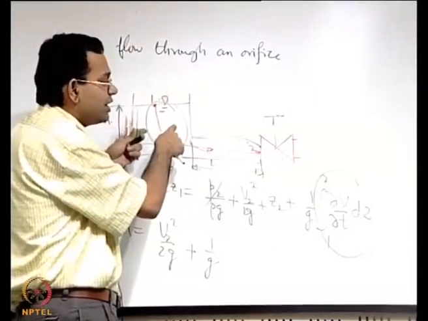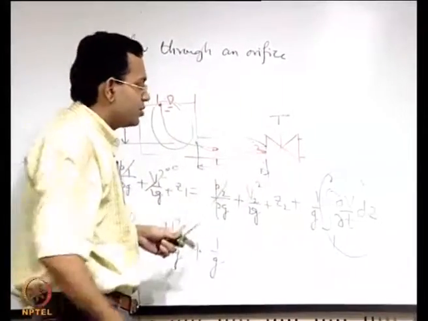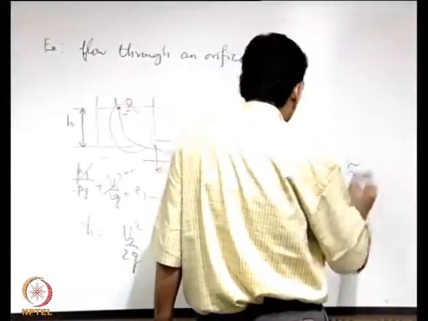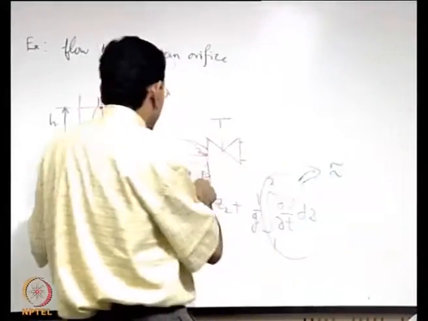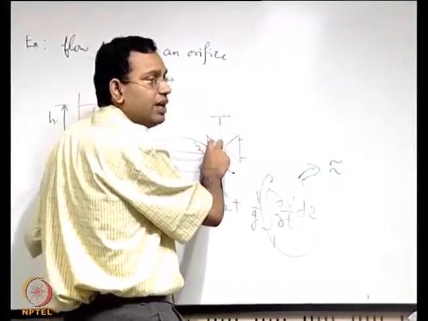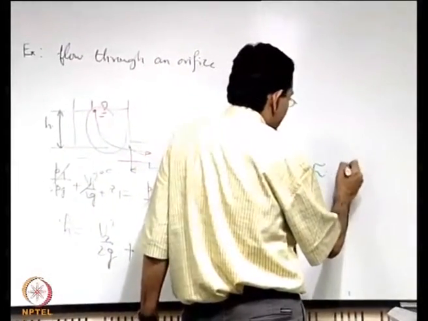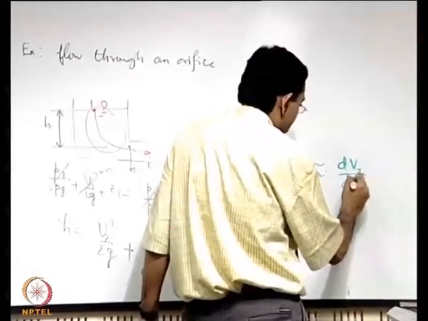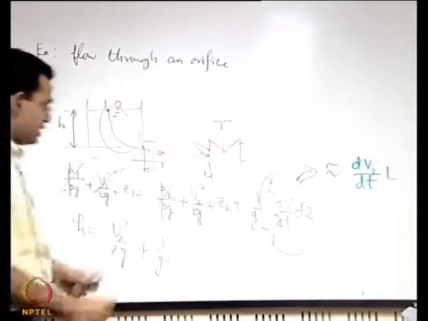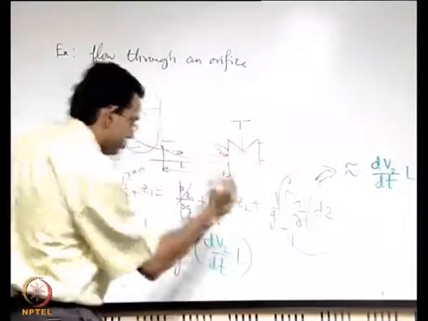Clearly, for the part within the tank the velocity is much less than the part within the pipe. So this may be approximated as good as the part within this length L, and because the area of cross section is not changing here, V is not changing with the length. So this is approximately the same as dV2/dt into L. So this is 1 by g into dV2/dt into L.